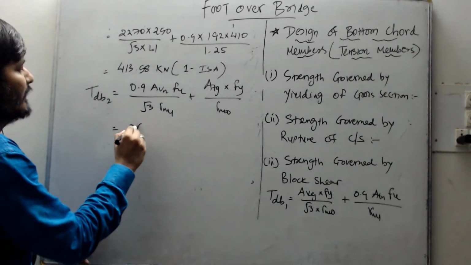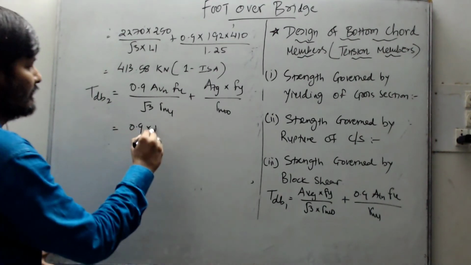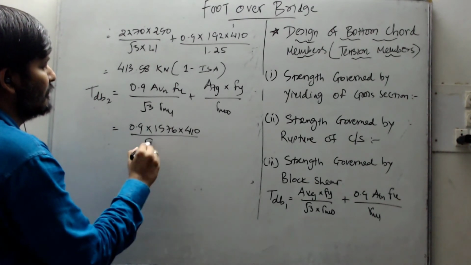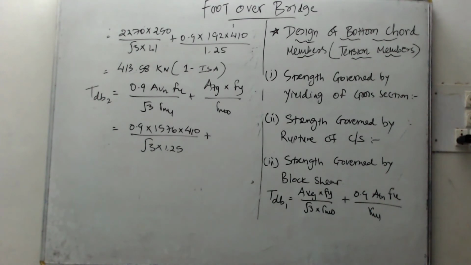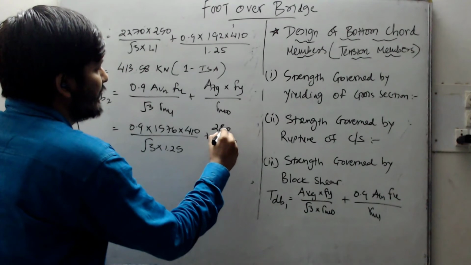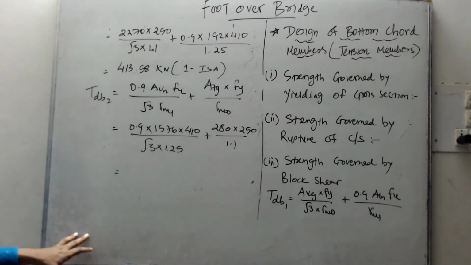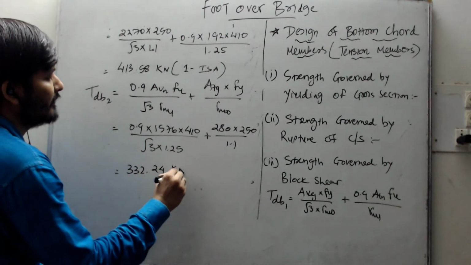So 0.9 multiplied by AVN we got as 1576 multiplied by 410 divided by root 3 into 1.25 plus ATG we got as 280 multiplied by 250 divided by 1.1. So if you calculate this value, you will get your TdB2 value as 332.24 kilonewton for 1 ISA.